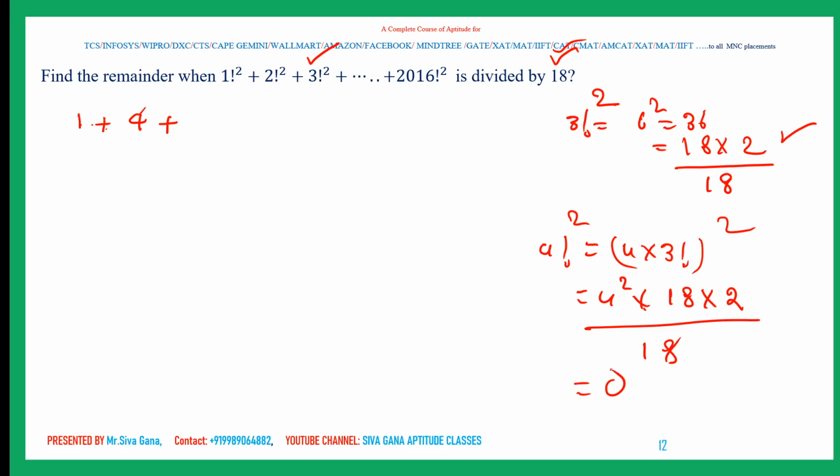So what we understand, from 3 factorial square onwards, the rest of all the terms are divisible by 18, which means remainders are 0. So the rest of the term is 1 plus 4, 5. 5 divided by 18, the remainder is 5. That's it. The idea is this.